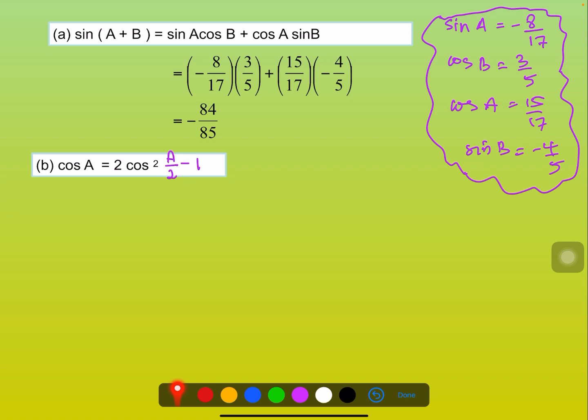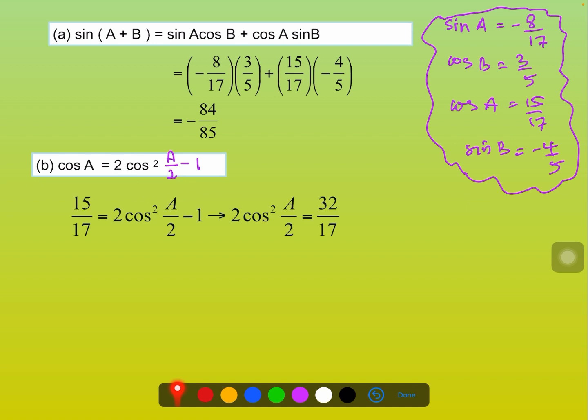For B, cos A equals 2 cos square A over 2 minus 1. For cos A, we have the value 15 over 17. And then you can go to find cos A over 2.